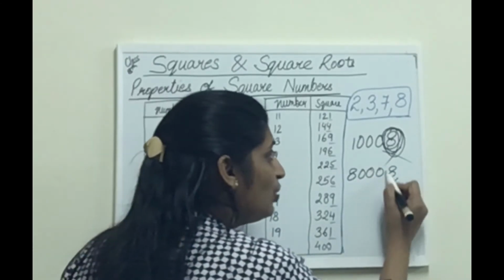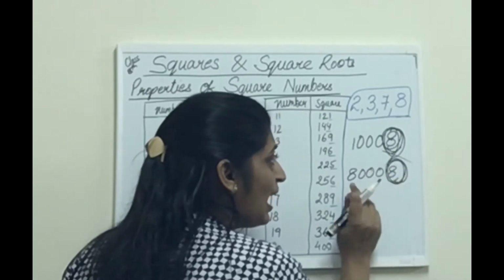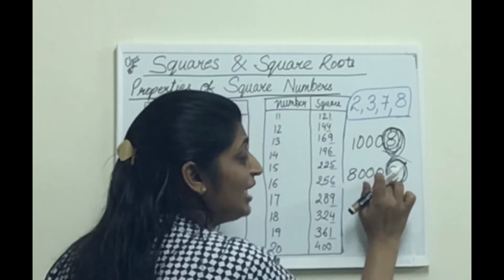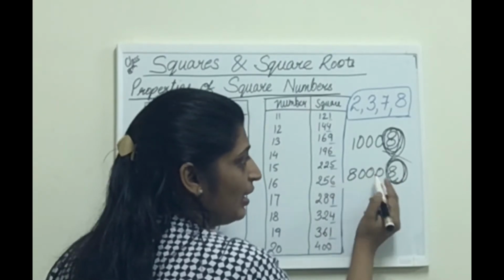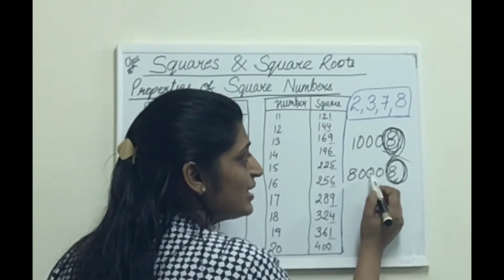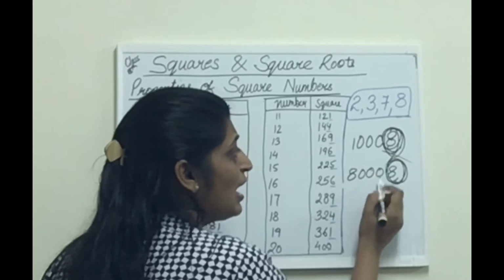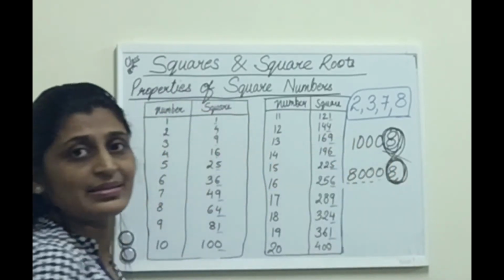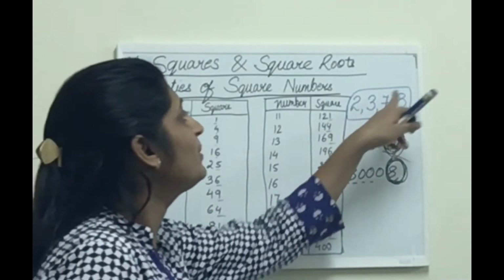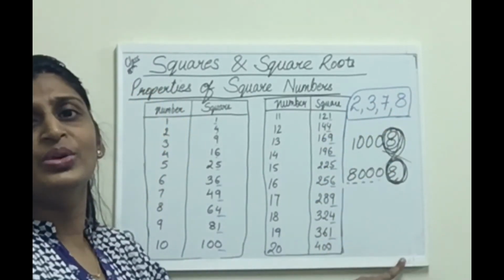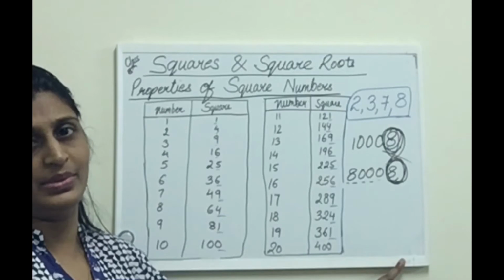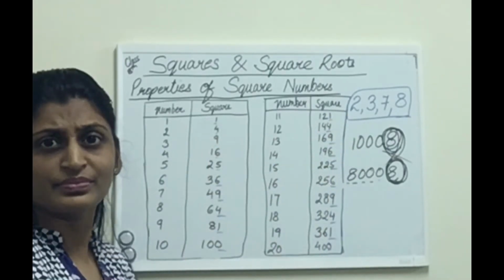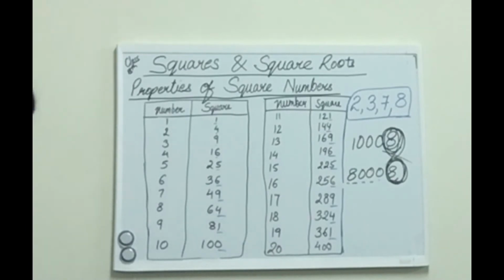I am talking about only the units place, not any other digit, like tens, hundreds, thousands, 10,000. I am looking at only the units place. These numbers cannot be the unit digit in square numbers, by the properties of perfect squares. I hope you got the first property.